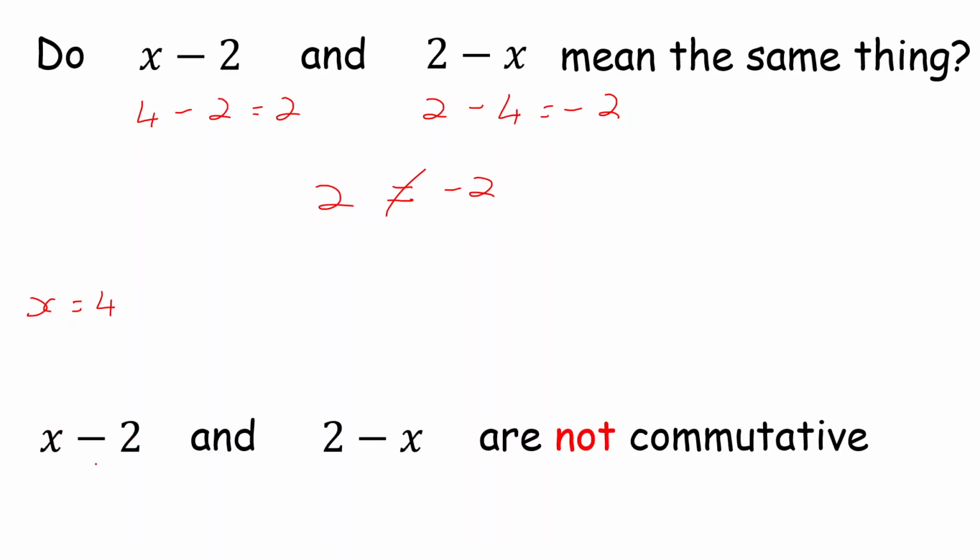So we say x take away 2 and 2 take away x are not commutative. In other words, subtraction isn't commutative. The order matters. 4 take away 2 is different to 2 take away 4. So these two things are not the same. The order of these matters.